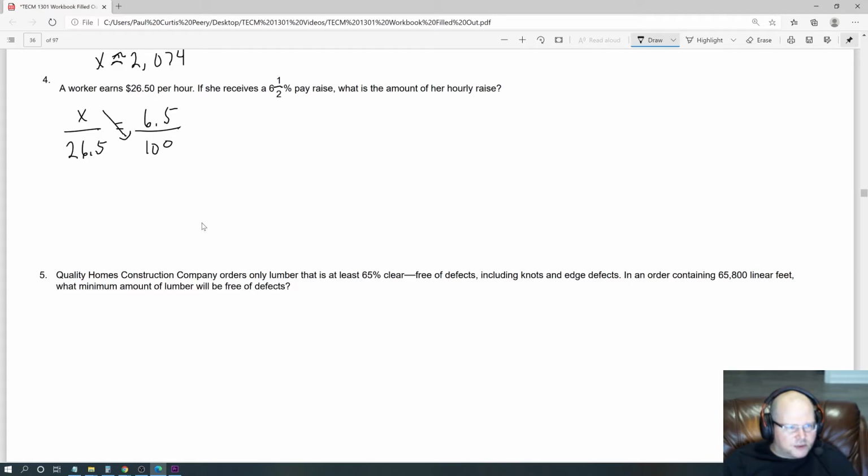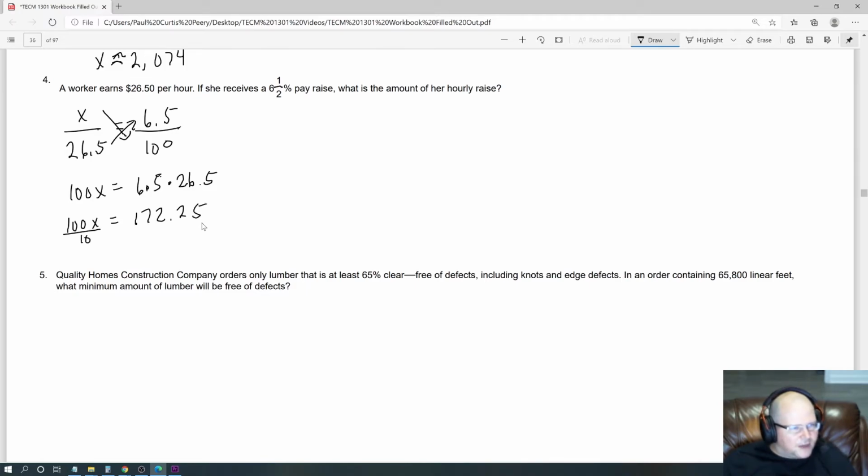All right, so we cross multiply. 100x is equal to 6.5 times 26.5, which gives us 172.25.